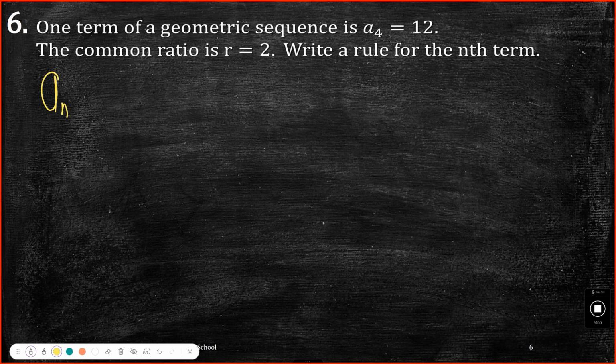A sub n equals a sub 1 times the common ratio r to the n minus 1. We do have r, and r is 2. But we don't have the a sub 1.